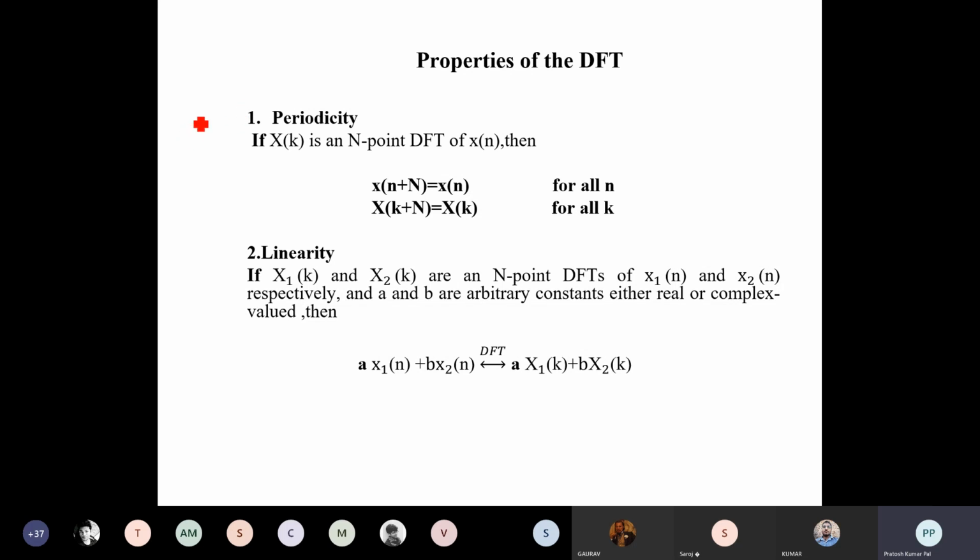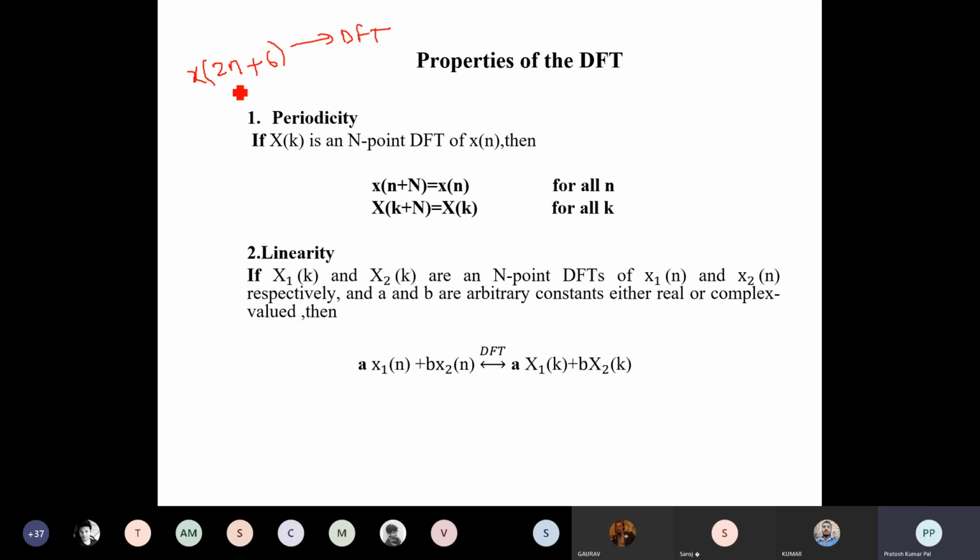But sometimes there may be a signal that is a composite of some small signals. Suppose any signal is there, suppose x of 2n plus 6. Suppose this is written, and you need to find out the DFT of this signal.